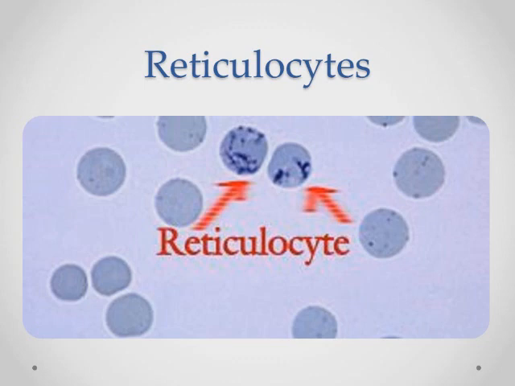But if we see that the retic count is depressed, or the reticulocyte production index is less than 2, this occurs in case of ineffective erythropoiesis, like in myelofibrosis, myelodysplastic syndrome, and megaloblastic anemia.